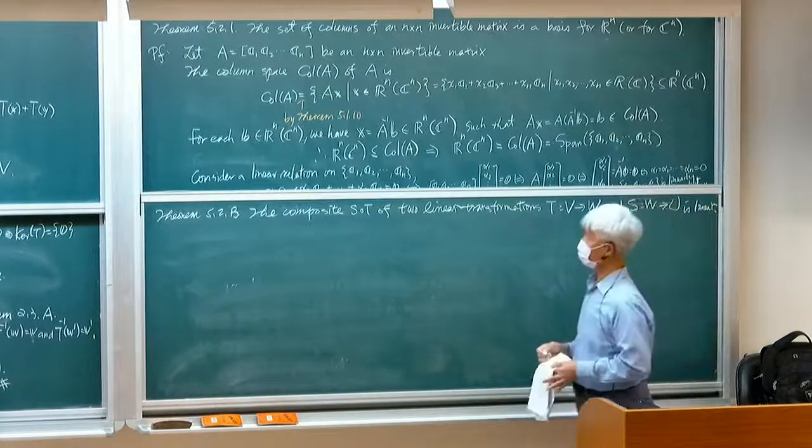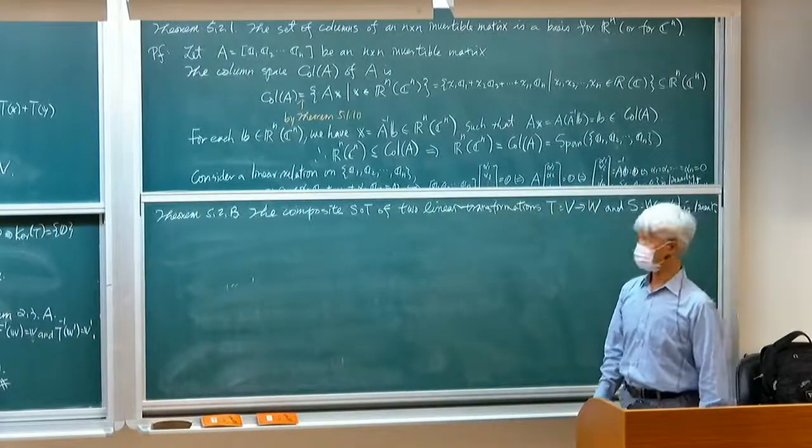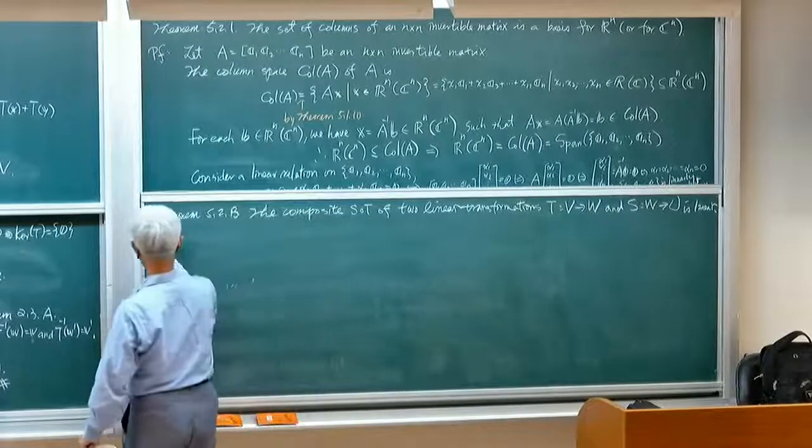So the composite of two linear transformations is also linear, and the proof is quite straightforward.